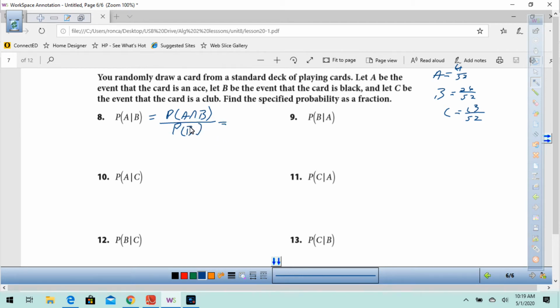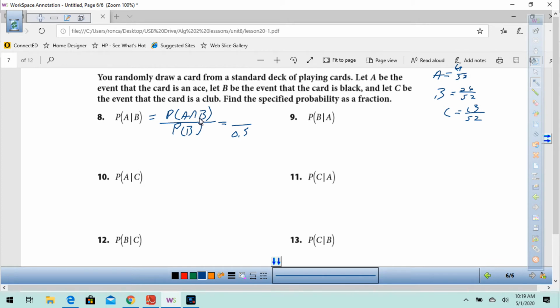Well, let's see. The probability it is black is going to be 0.5. A intersection B, there's two black aces.